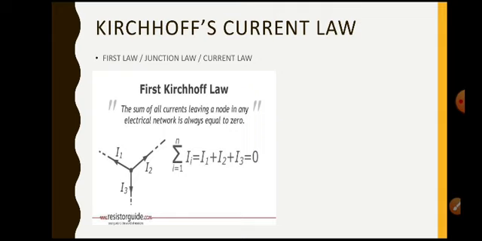Kirchhoff's current law is also known as Kirchhoff's first law or junction law. Here, what is a junction? A junction means a point where more than two or three lines are connected.